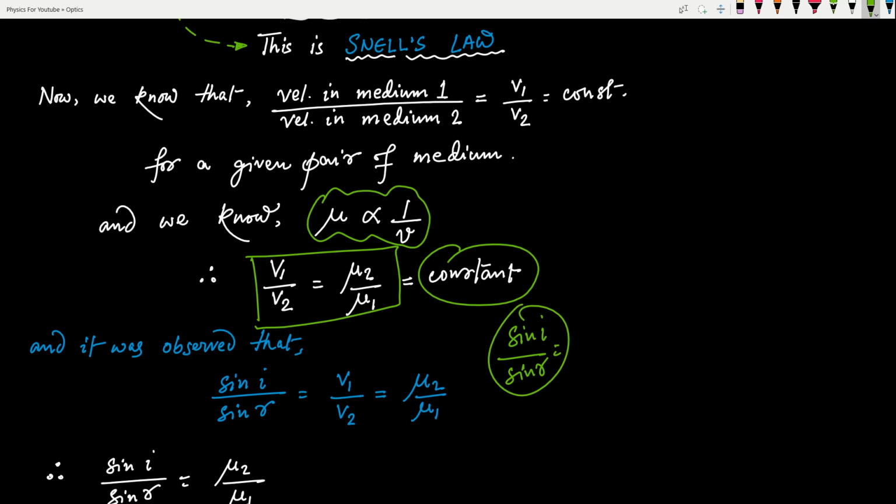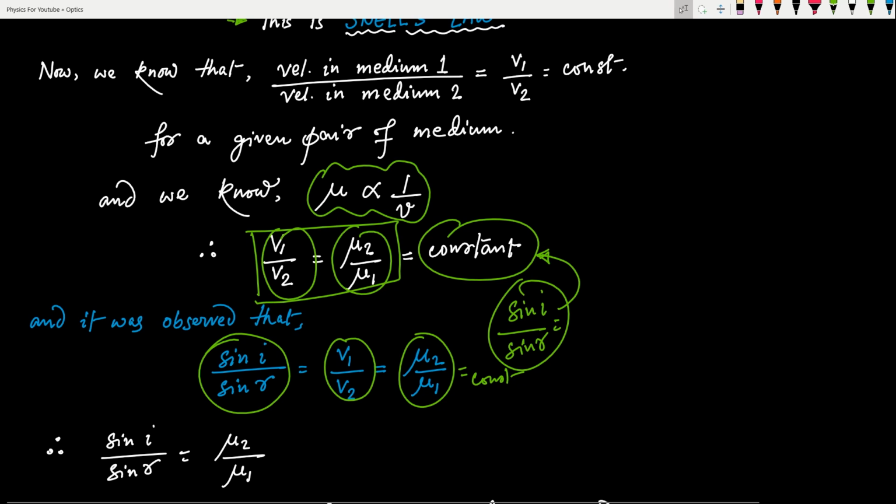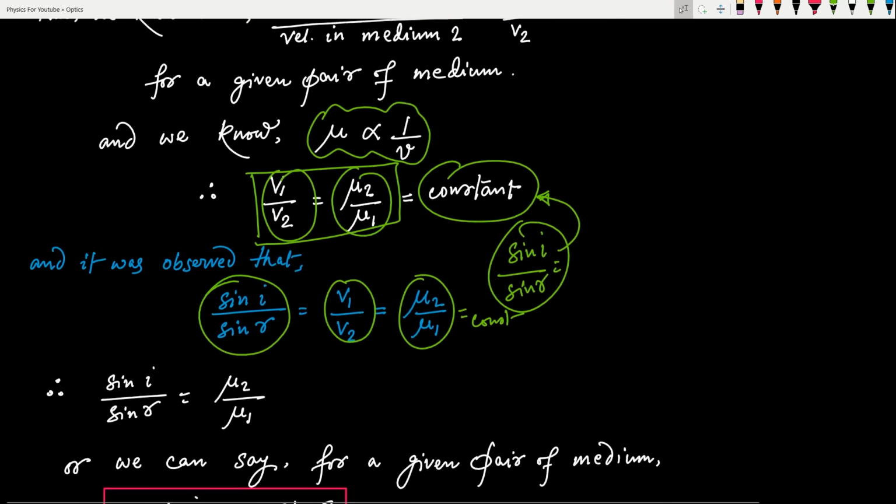This is a constant, and v1 by v2 is also a constant, mu2 by mu1 is also constant, and it was seen that actually this sine I by sine R is equal to v1 by v2 is equal to mu2 by mu1 is a constant, and there is a relationship between sine I by sine R, that is Snell's law, with refractive index as well as velocity. Okay, so this is the relationship between Snell's law and refractive index, that is sine I by sine R is equal to mu2 by mu1.